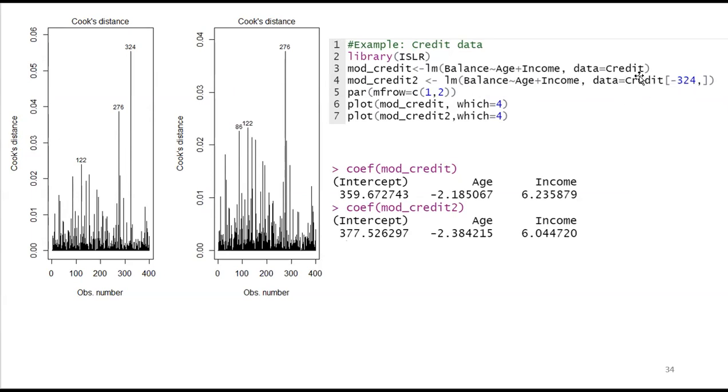So I say credit data, square brackets. Now it's a table, so rows and columns. Remove that row, comma, and then leave it blank, because that means I want to retain all columns. So this is going to remove row 324 across all columns. You remove an entire row.